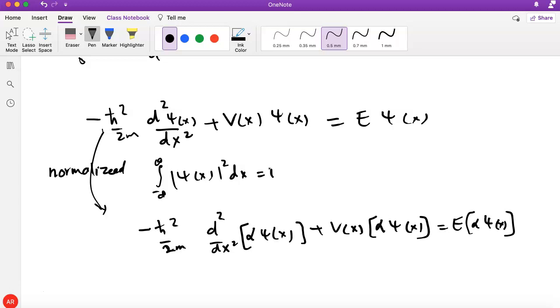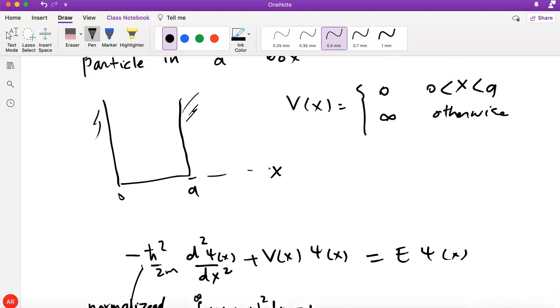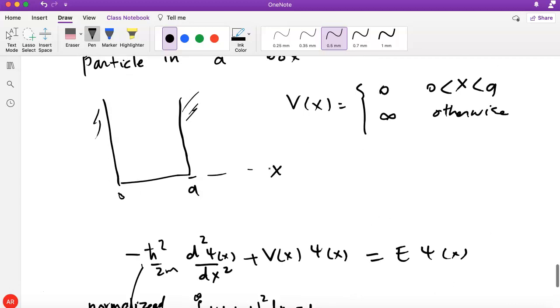If that integral is infinity, there's no constant we can divide it by to get it to be equal to 1. So there are these constraints on normalizable wave functions: they go to 0 at infinity.